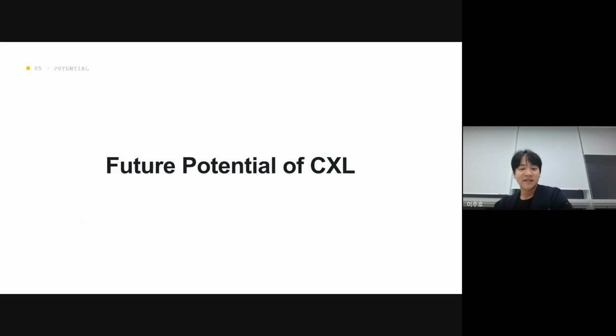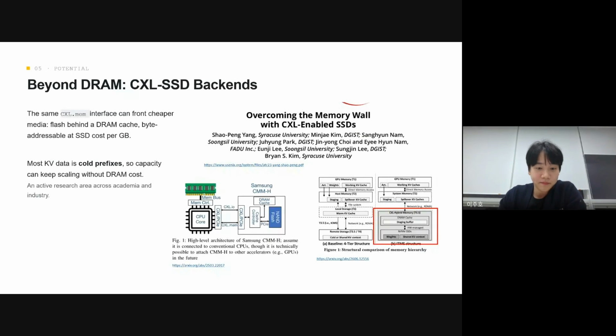For the last part, let me briefly show where CXL is heading beyond just DRAM expansion. The first direction is CXL-based SSDs. The idea is very simple. If we put an SSD behind the CXL protocol interface, then you can get memory access with SSD scale, but at a cheaper price.